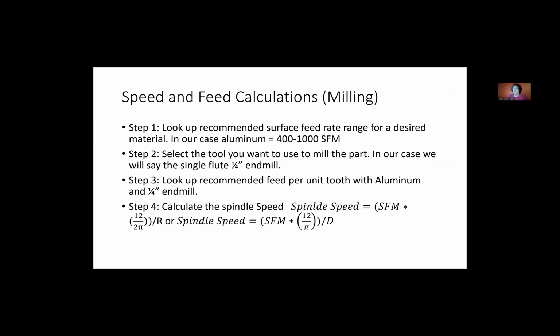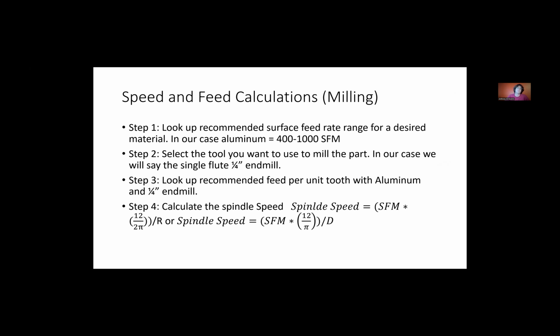Certain tools will also recommend a certain surface feed, and if a manufacturer recommends one, that's probably more reliable than what you might find online, especially if what you find online goes over a very large range, which is the case in this example. You'll also select the tool that you want, so the tool and material combination will give you a certain surface feed range.